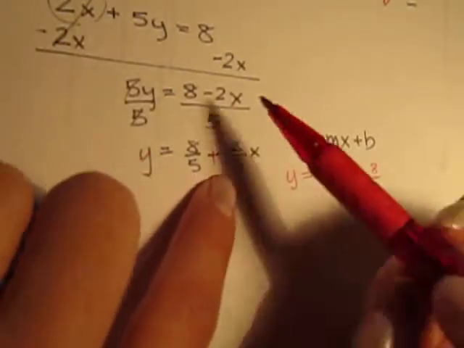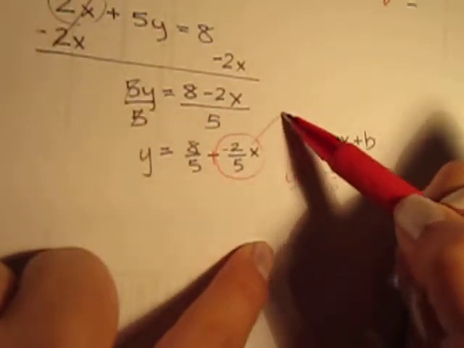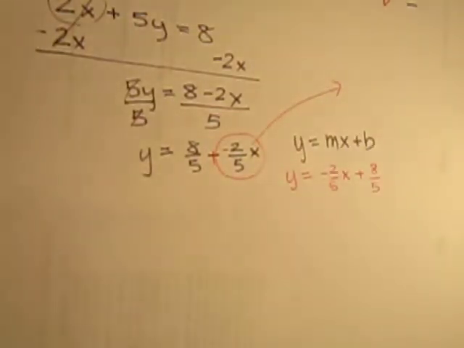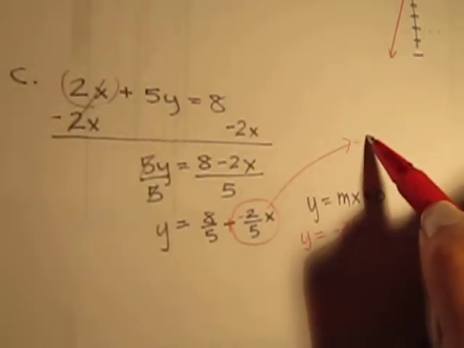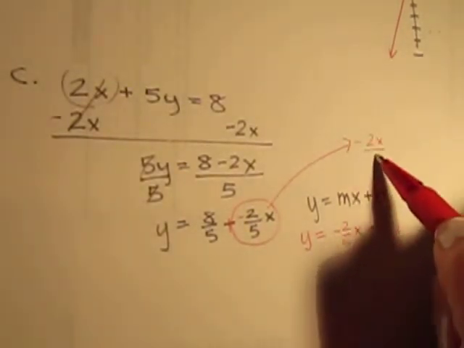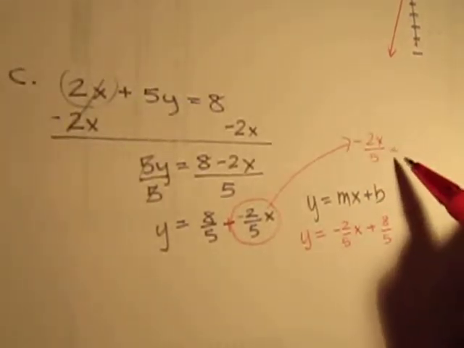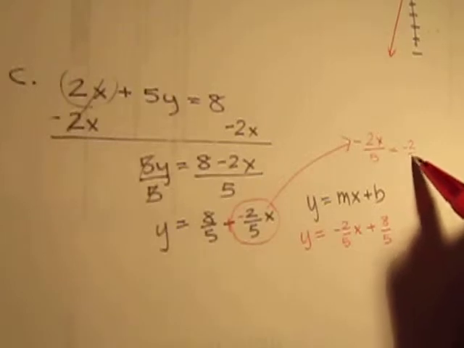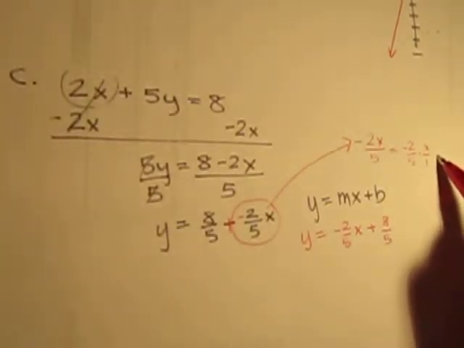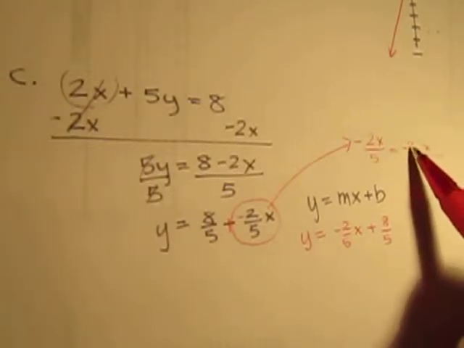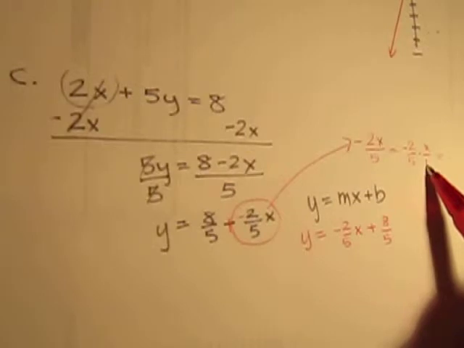Okay. A confusing point right here is, I'm going to carry this up here and show you something. Having negative 2x over 5 is the same thing as negative 2 over 5 times x over 1. Isn't it? Because all you're going to do is multiply across and you end up getting negative 2x over 5 times 1.